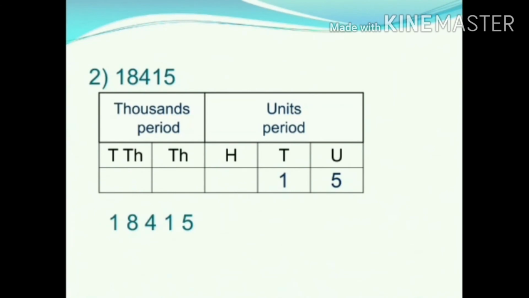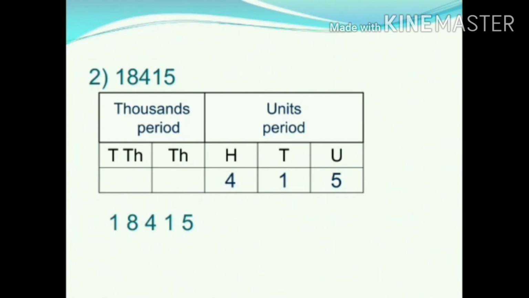Which is the third number? Yes, 4 is the third number. The third place is hundreds. So we should write 4 in the hundreds place. Now the fourth number is 8. Which is the fourth place in the place value table? Yes, the fourth place is the thousands place.